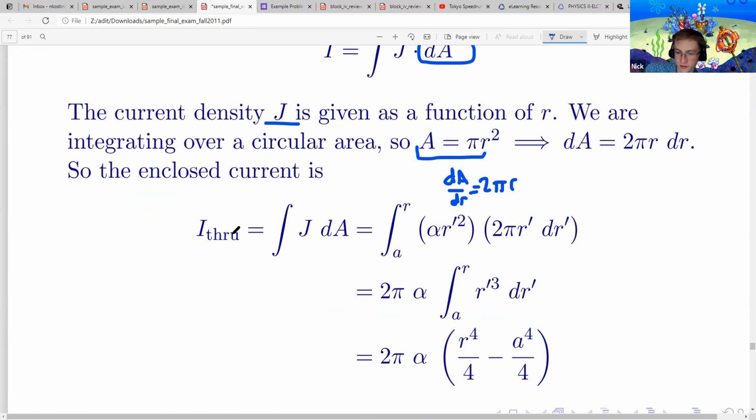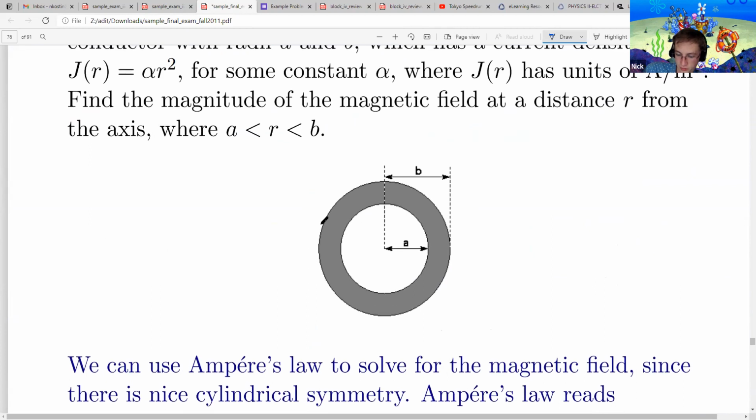We are trying to find the current going through my Amperian loop. So if I draw my Amperian loop here, since it's between A and B, I'm trying to find the current enclosed in that Amperian loop. So I'm trying to find everything in the wire section, in between A and B, but not smaller than A, because there's nothing smaller than A, since A is where the current stops.